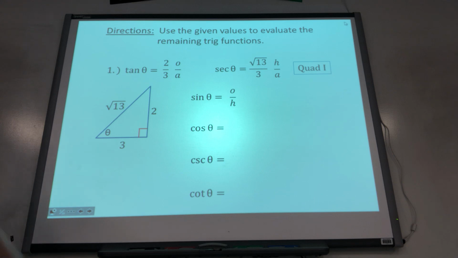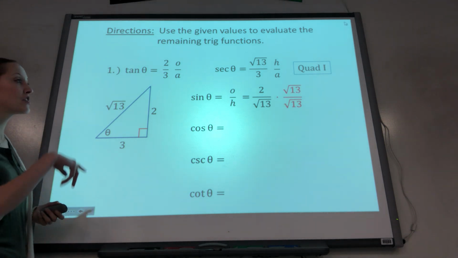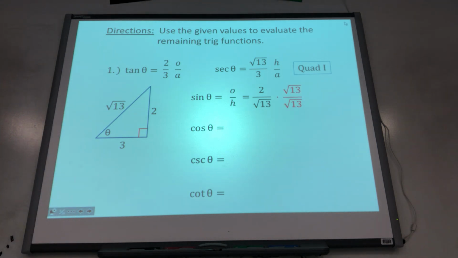Sine is opposite over hypotenuse. That would be 2 over square root of 13. Now I don't want to leave it like that. Let's rationalize that. Multiply by square root of 13 on top and bottom. So you get 2 square root of 13 over 13.